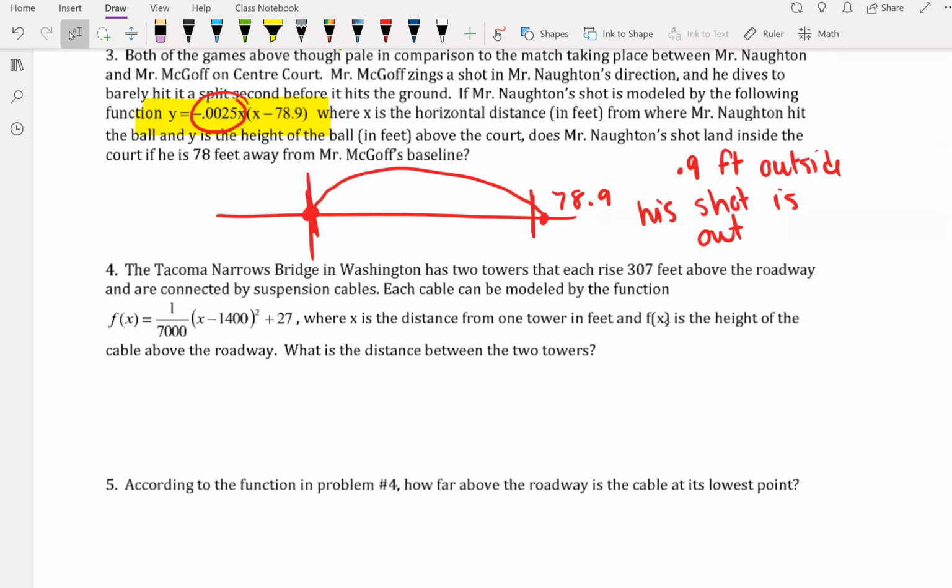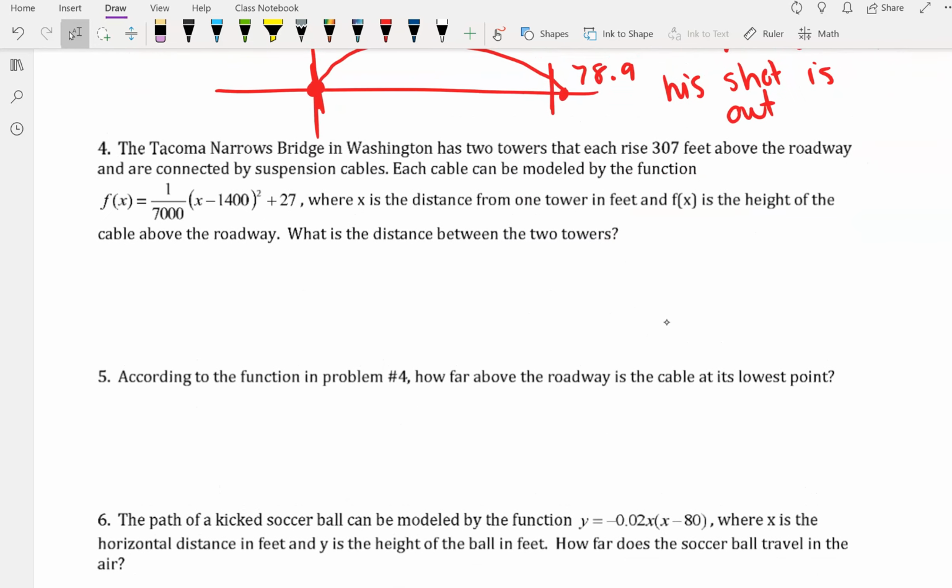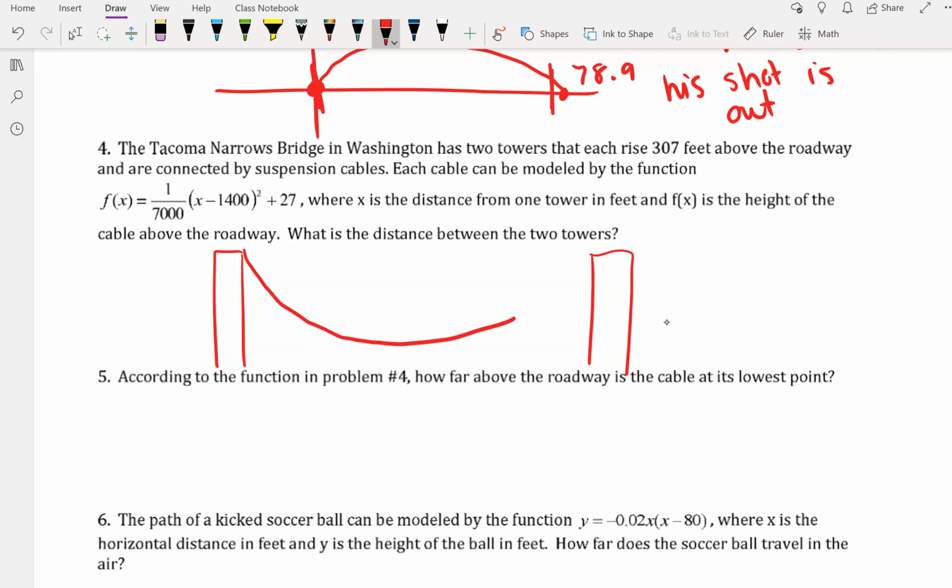The last one, I'm just going to kind of draw a little bit. Oh, I guess there are two more. On the next one, I'm just going to draw a little bit what this should look like. We have a bridge, and I'm not very good at drawing this, but our bridge is going to look something like this, where we have these towers that they're talking about, and then this long parabola.